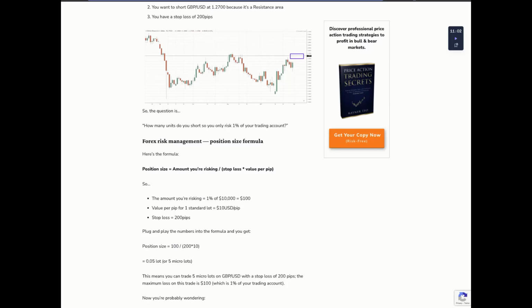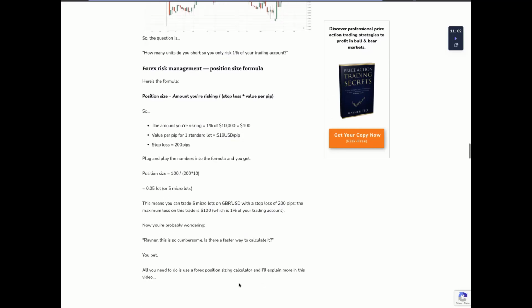Now, how do I increase my lot size and still retain the level of risk I want to bear? So look at what this thing is saying. This means you can trade 5 micro lot size with a stop loss at 200 pips. The maximum loss on this trade will be $100, which is 1% of your trading account.